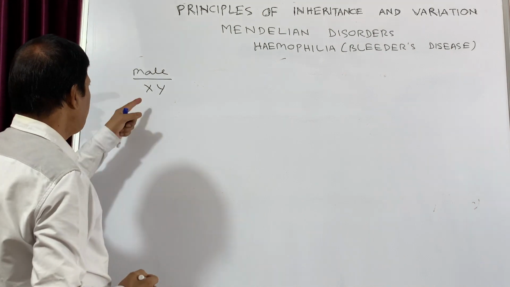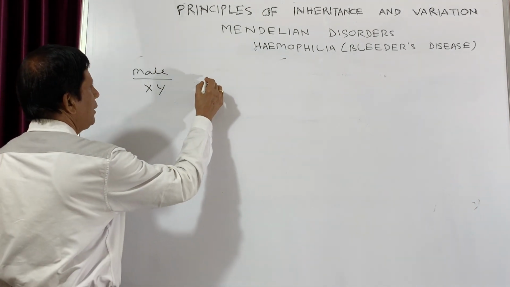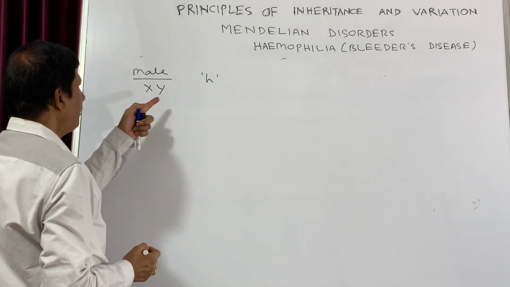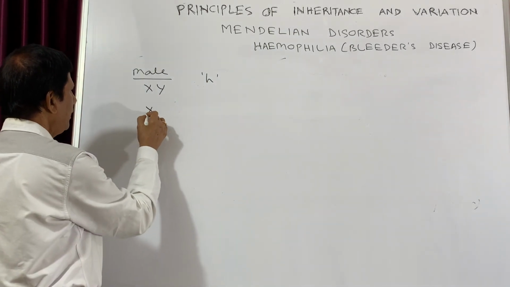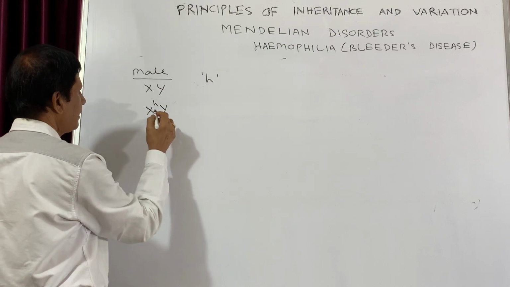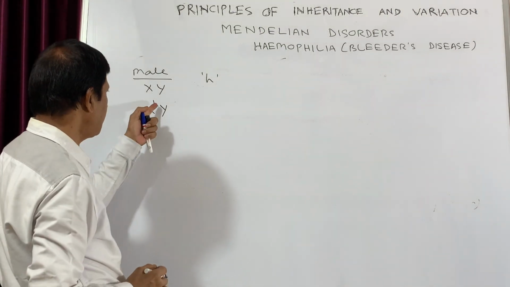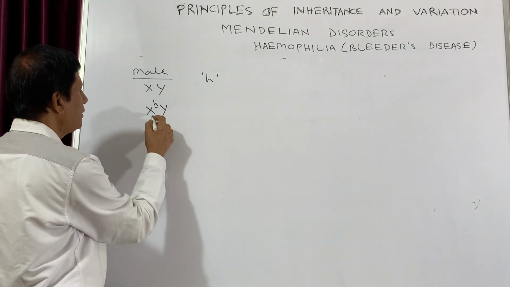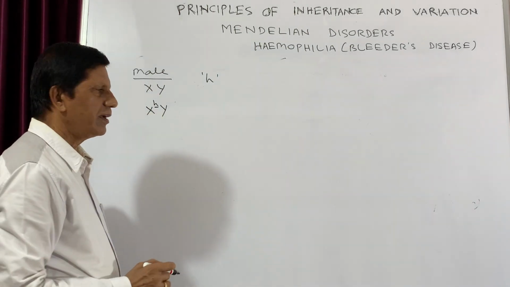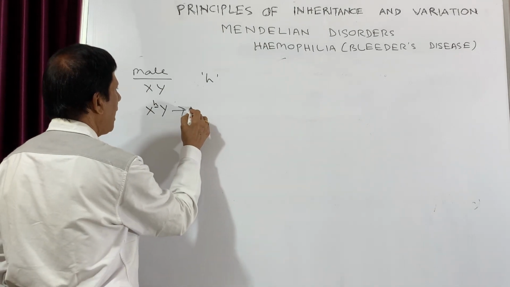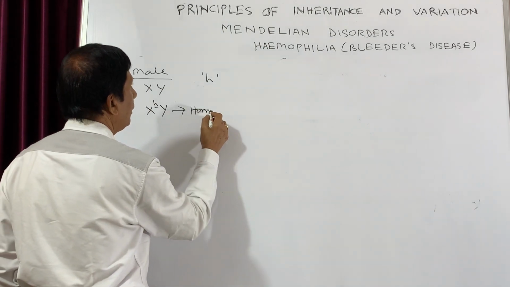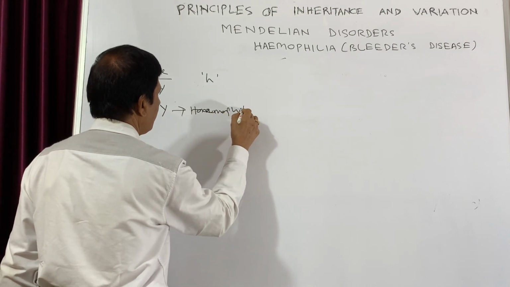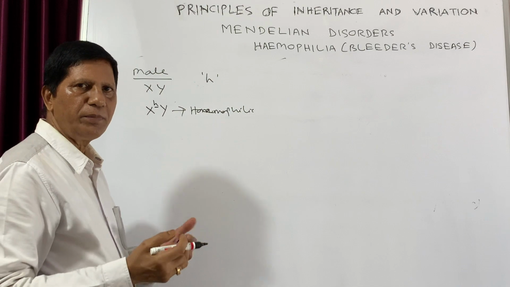Suppose the defective gene is H. If this defective gene is present in a male, then it will be X^H Y. That means this gene has no other allele in Y, so it will express itself and the person will be hemophilic. That means there will be bleeding.